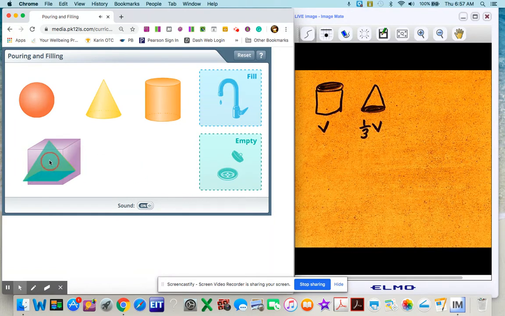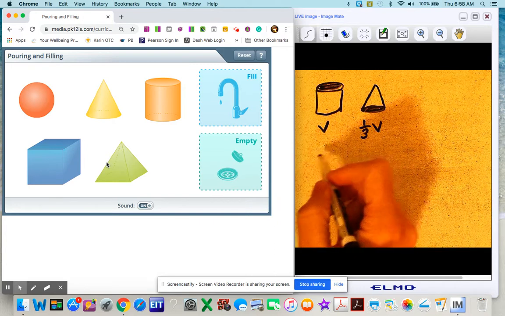Okay, so when you do the second fill, one time was not enough. Two times wasn't enough. Okay, so it looks like we needed to fill it 3 times.